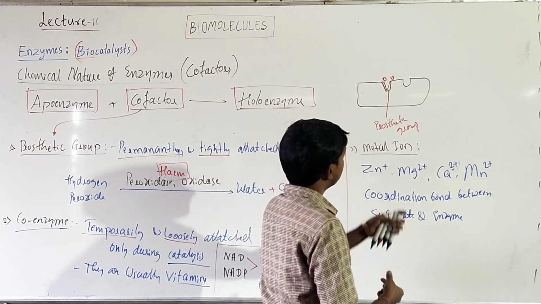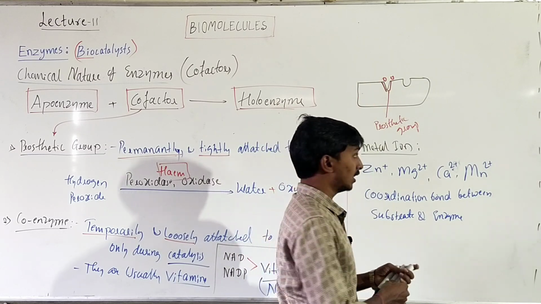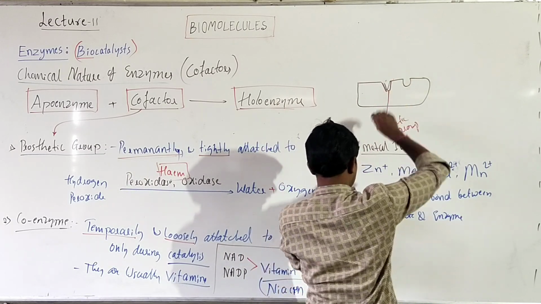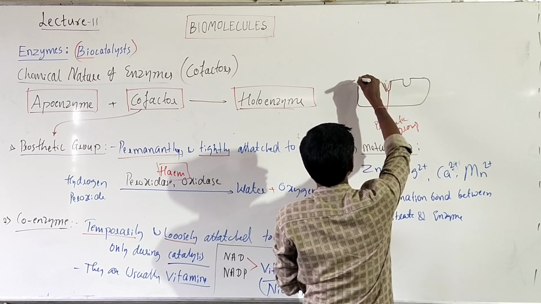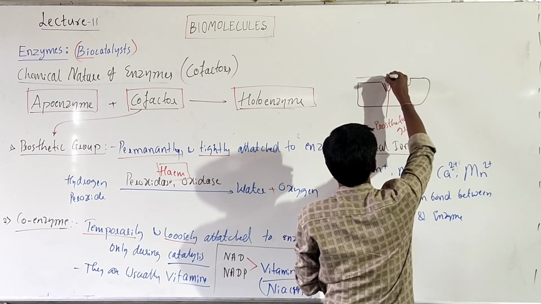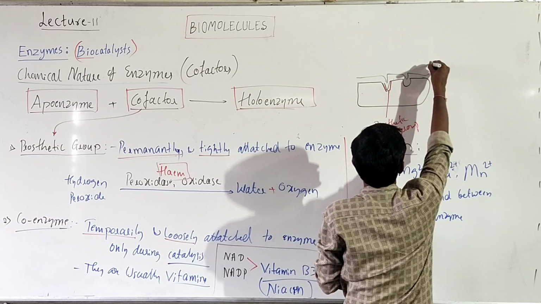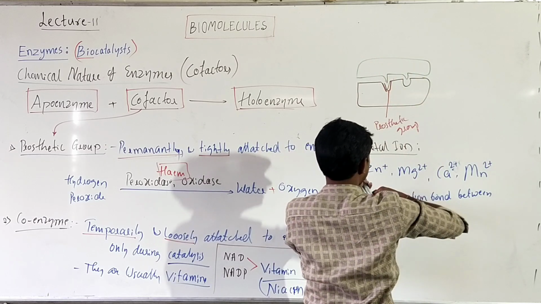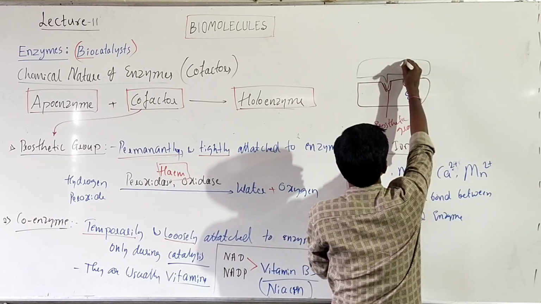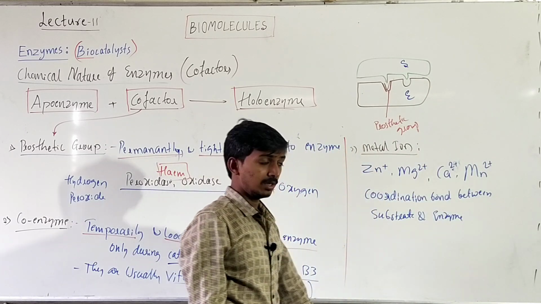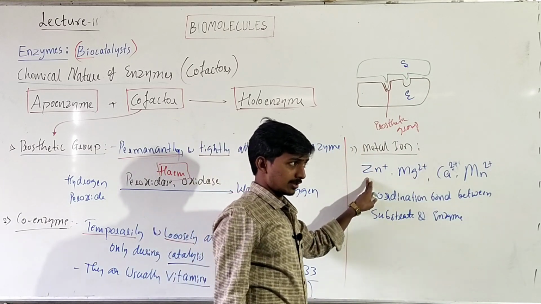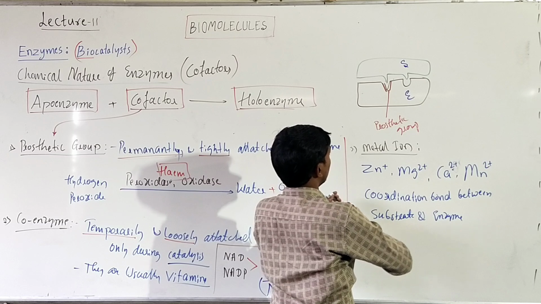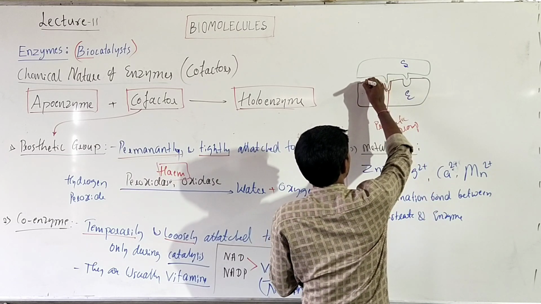For example, this is the enzyme, I have a substrate here. So this is the enzyme, this is a substrate, right? These metal ions will form coordination bonds here.